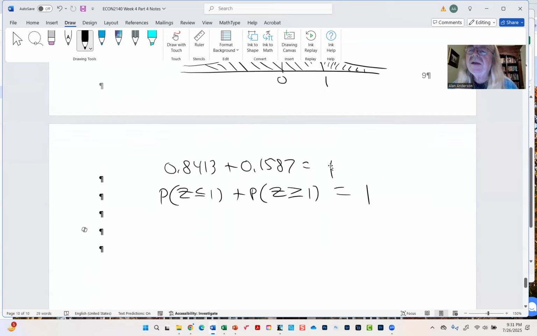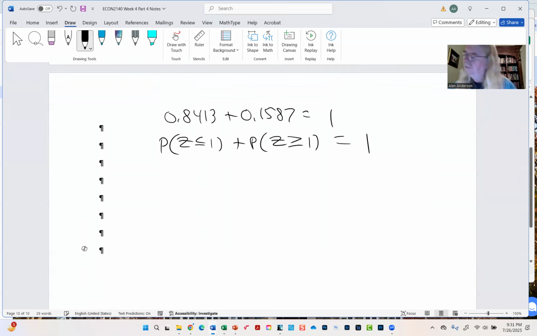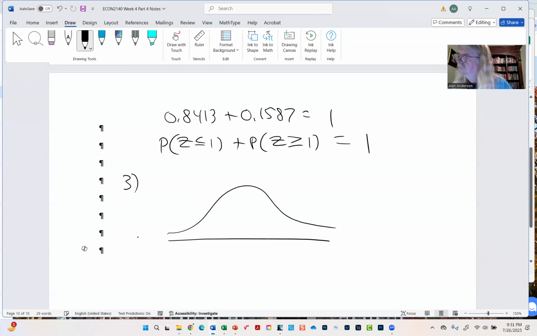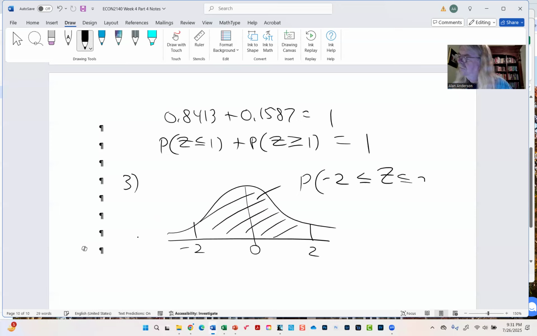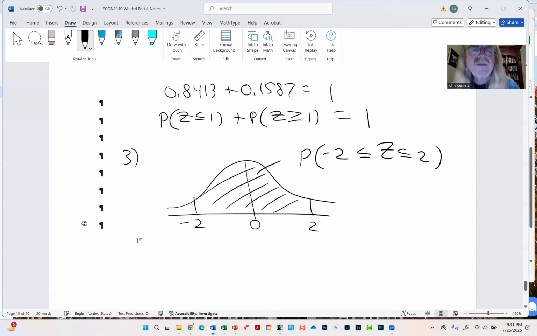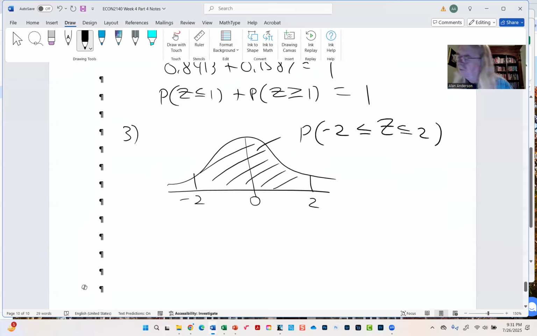Okay. Now, what about in between probabilities where we had to subtract with Excel? Again, we don't have to bother with that here. We can do it directly. So let's do number 3. This time we're going to find the probability that Z is between negative and positive 2.